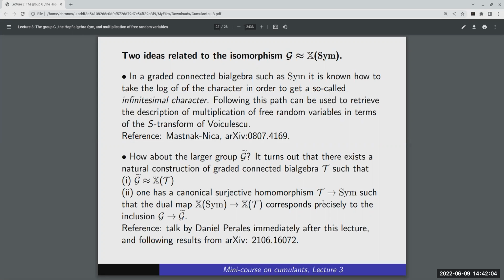This corresponds to the fact that T surjects naturally as Hopf algebras onto SIM. So T has a homomorphism onto SIM, which dualizes to a map between character groups going in the other direction. And when you identify X of SIM to G and X of T to G Twiddle, that's exactly the inclusion. And I believe Daniel will explain how this goes in his talk.